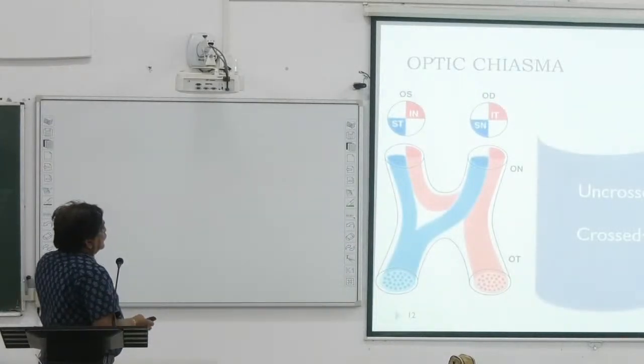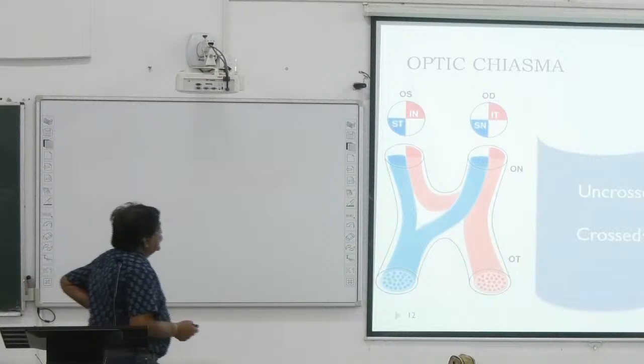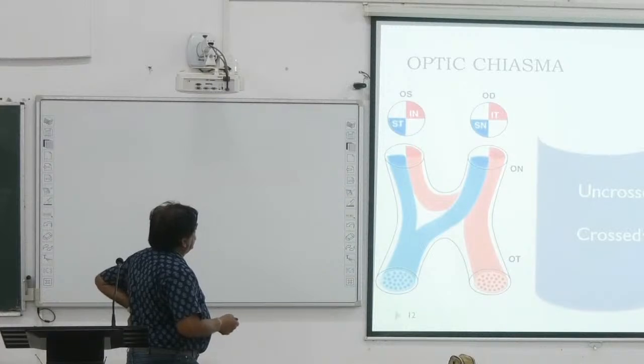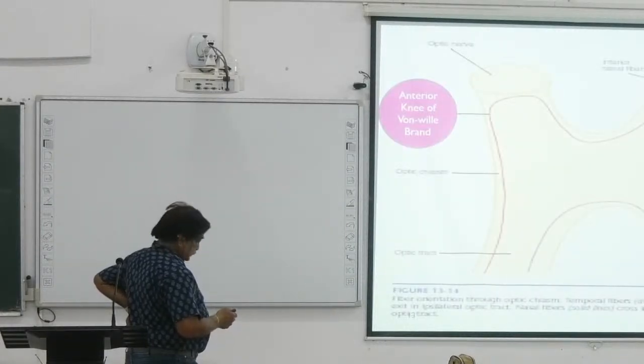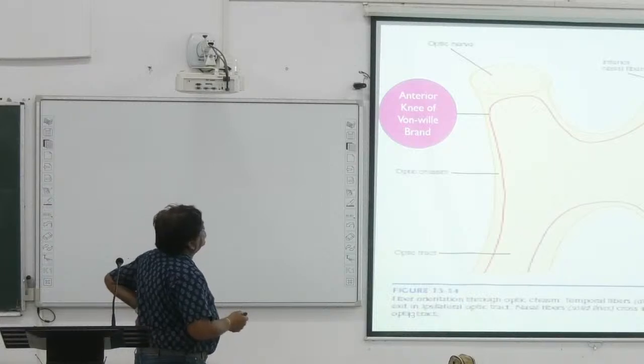Now the optic chiasma: the uncrossed temporal fibers and crossed nasal fibers. This is temporal. You see how the optic chiasma is formed. This is the optic nerve.